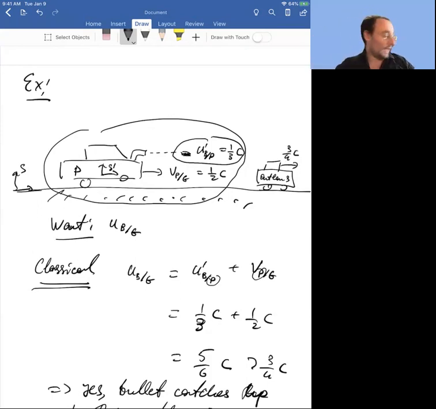By the way, there is absolutely nothing special about the ground, okay? When I say Alice is moving at half the speed of light relative to the ground, and Bob is standing on the ground, it's completely equivalent to saying that Bob is in a spaceship and Alice is moving at half the speed of light relative to Bob's spaceship.